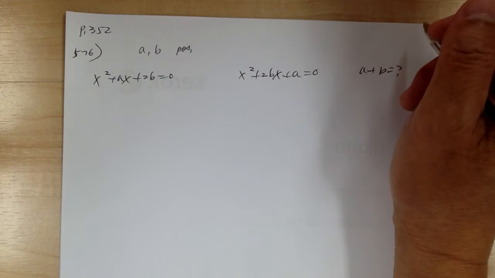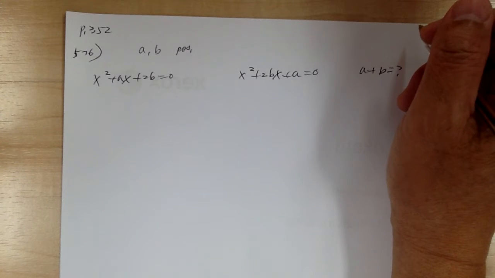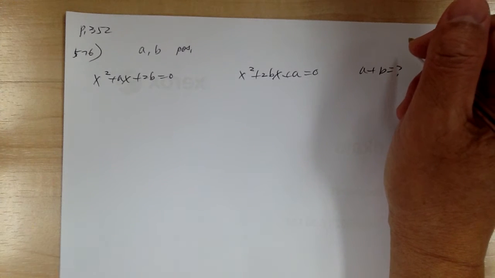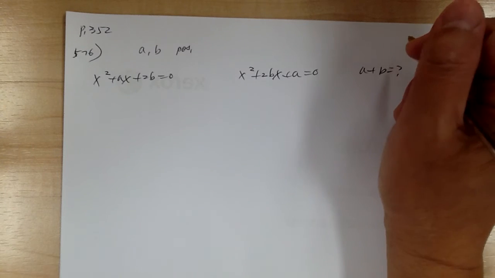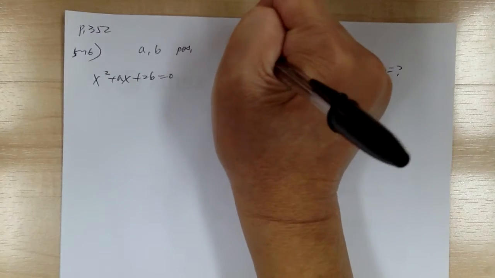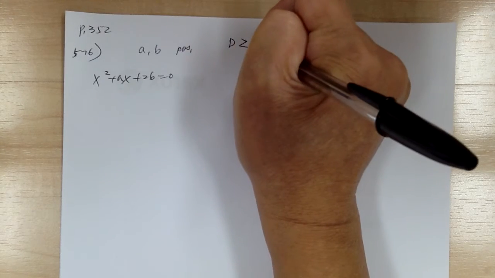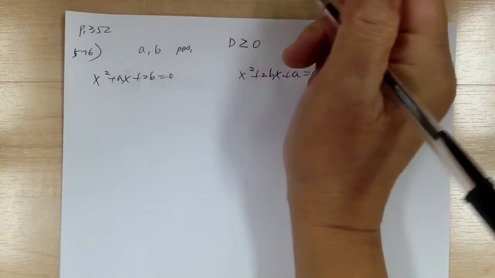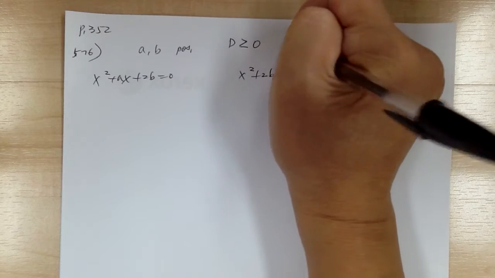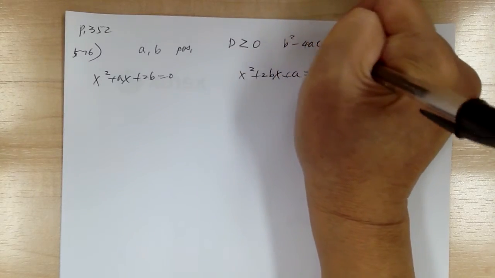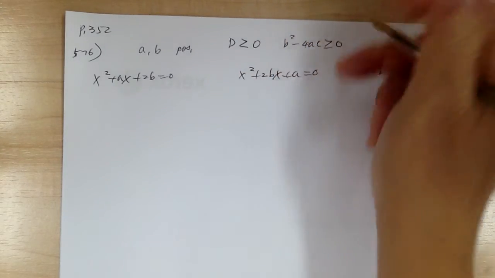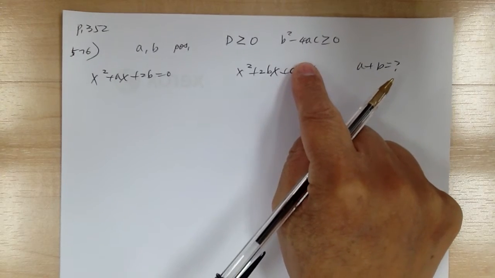In order to have real roots, the discriminant D has to be greater than or equal to 0. So b squared minus 4ac has to be greater than or equal to 0. This is from the discriminant.